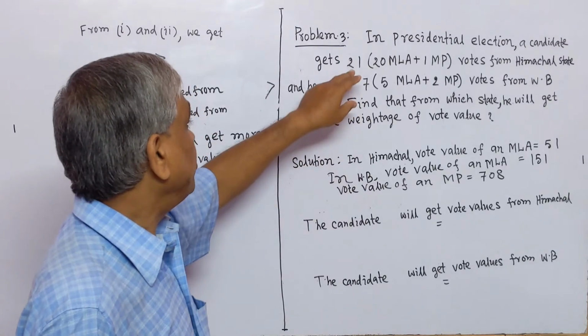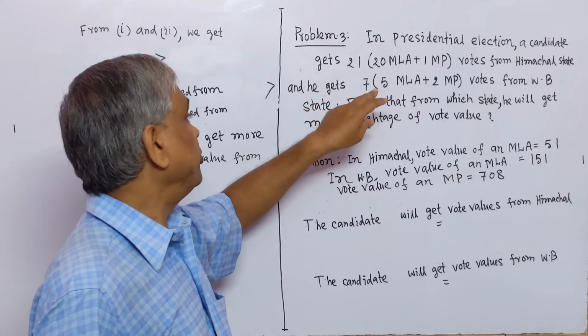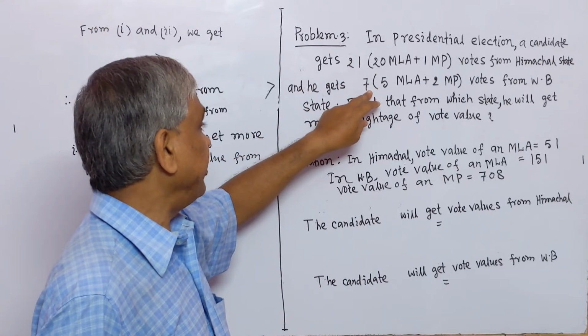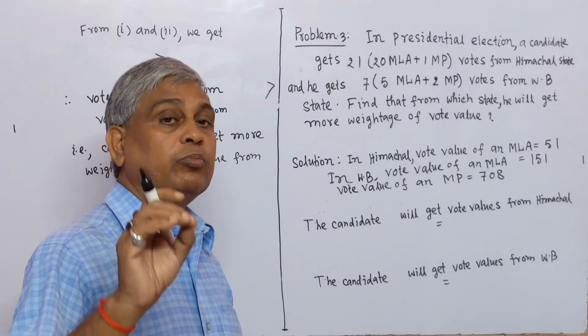Here number of votes in Himachal state is 21 and number of votes in West Bengal is 7. In Himachal state, the candidate will get more votes.